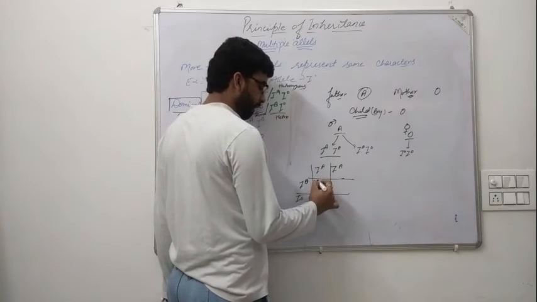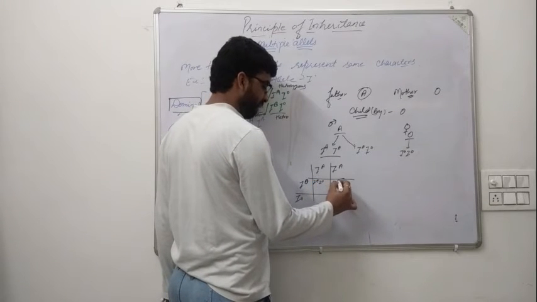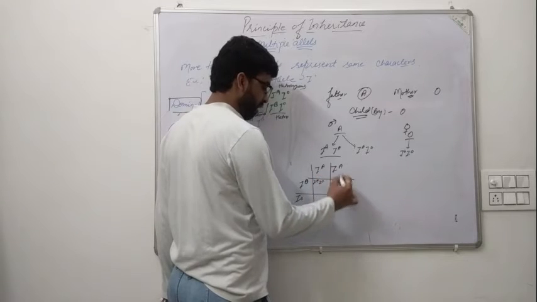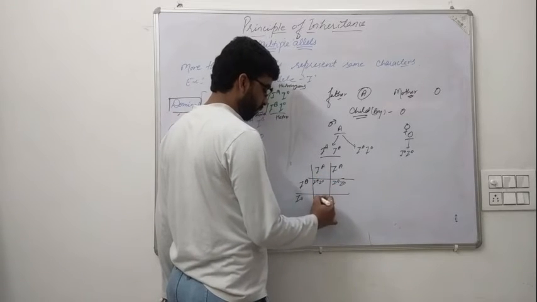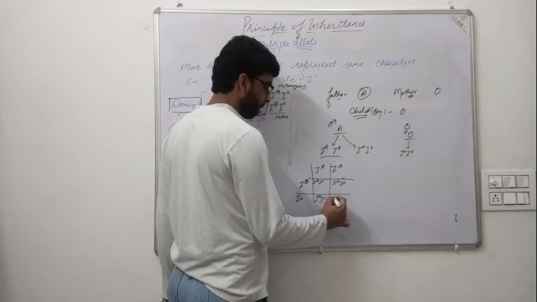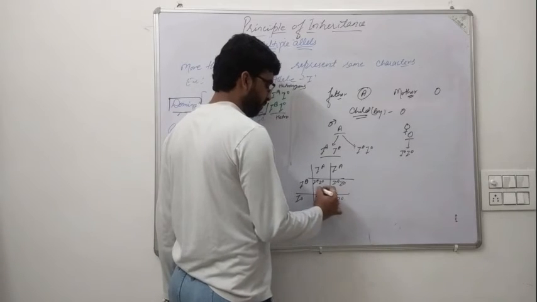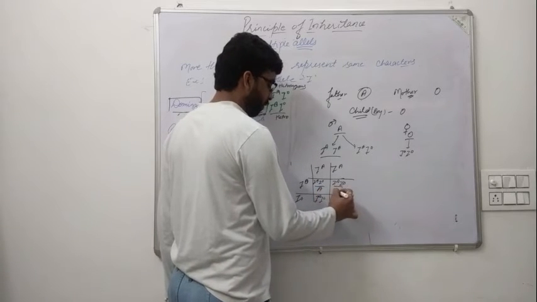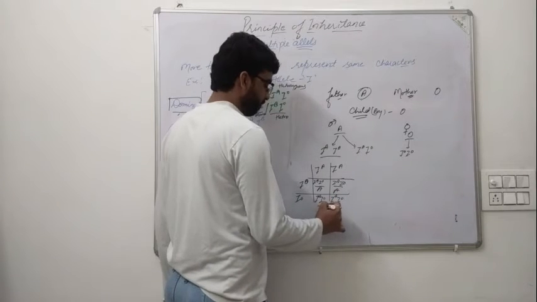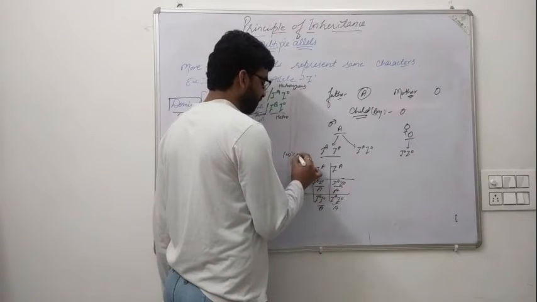Then the offspring are IAIO, IAIO, IAIO, IAIO, which means blood group A, blood group A, blood group A, blood group A. 100% chance of blood group A.